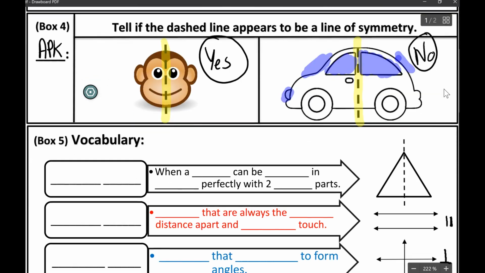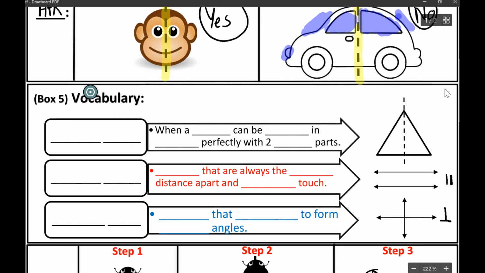So going on into our box 5 vocabulary terms. Our first vocabulary term, and this is not a new one, it's the same from continuation of yesterday, is line symmetry, S-Y-M-M-E-T-R-Y. Line symmetry is when a shape can be cut, or we can say split in half, perfectly with two equal parts.